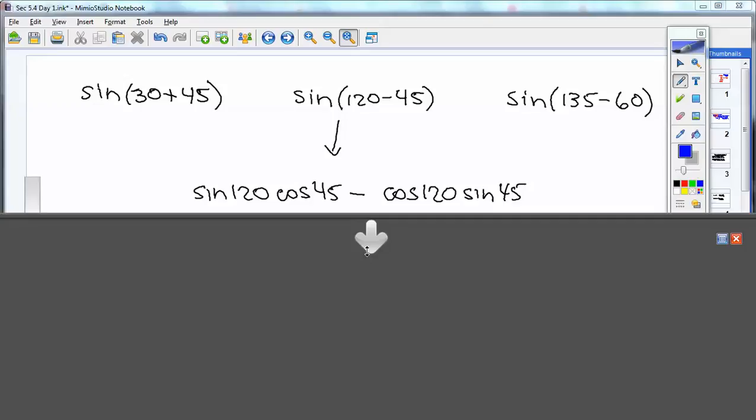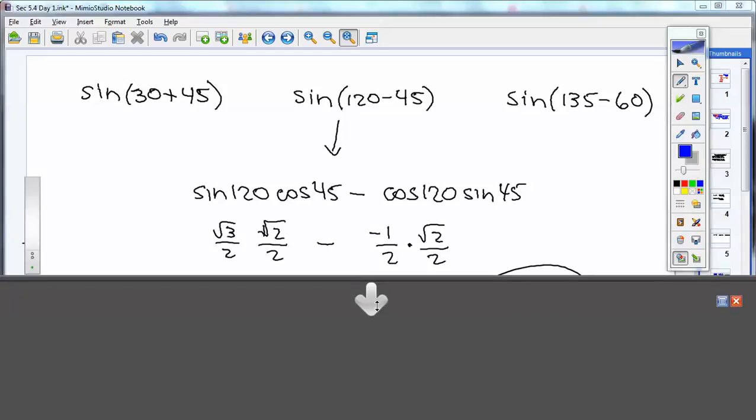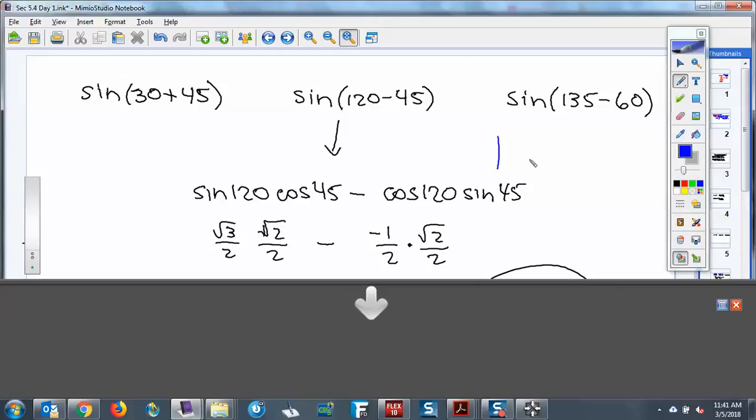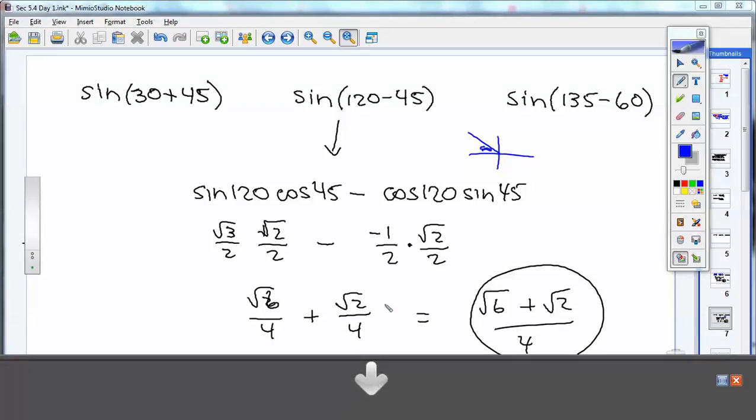That's why that ends up being a plus. Okay? So you might need to draw them. If you need to draw a 120, it's going to be over here with a 60-degree reference. And cosine is going to be negative 1/2. And sine of 45 is going to be root 2 over 2. Cosine of 45 is root 2 over 2. Sine of 120, second quadrant, is going to be positive root 3 over 2. So we get root 6 plus root 2 over 4.